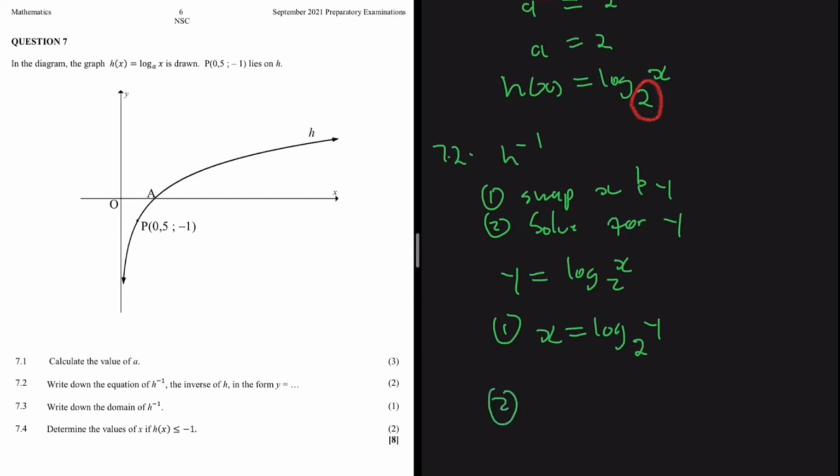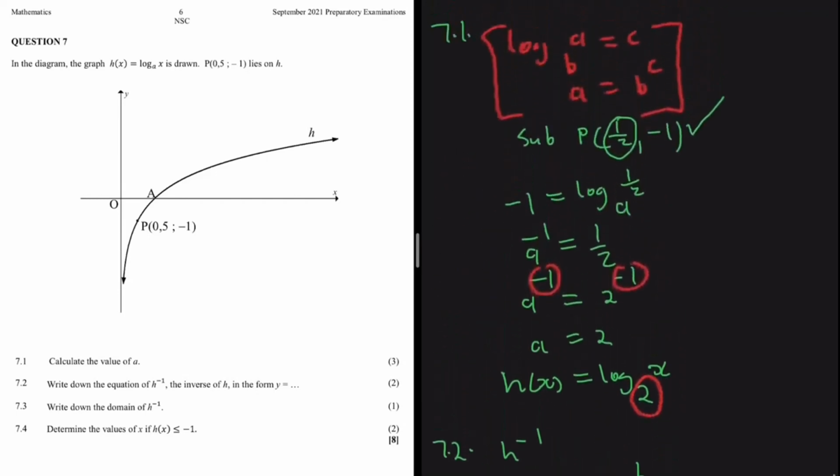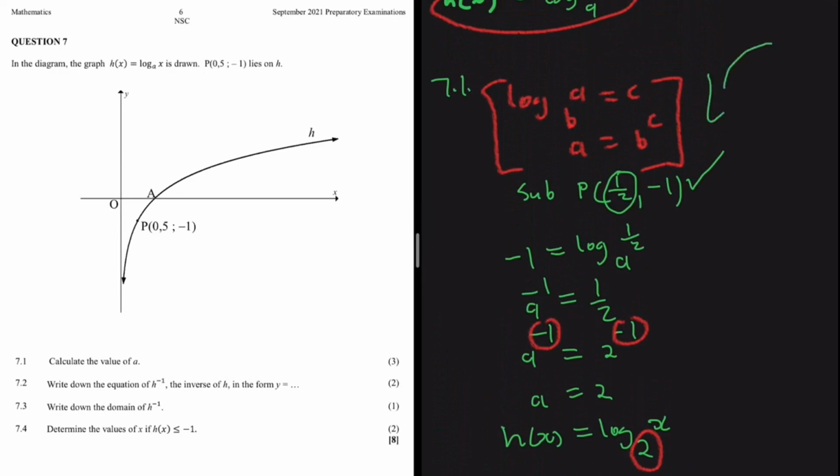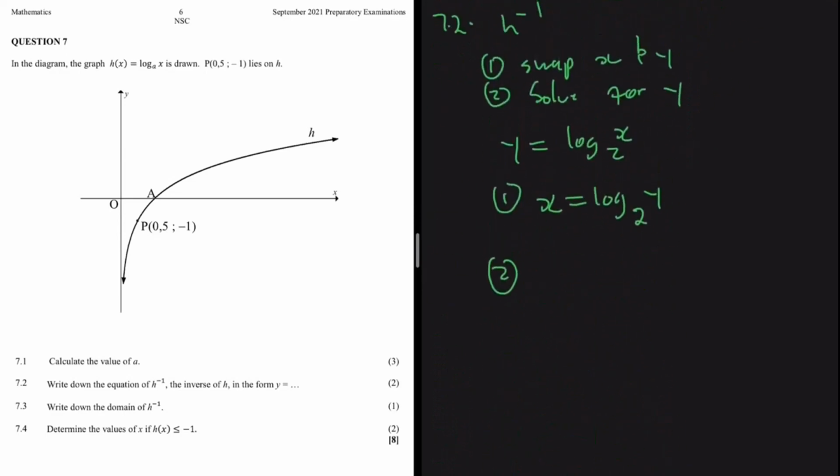For step number 2, we use this rule again that I showed you up there. We say that 2 to the power of x is equal to y. So let's write it nicely: y equals 2 to the power of x. This is the inverse of our function h of x. You just swap x and y, and then after you swap, you solve for y.